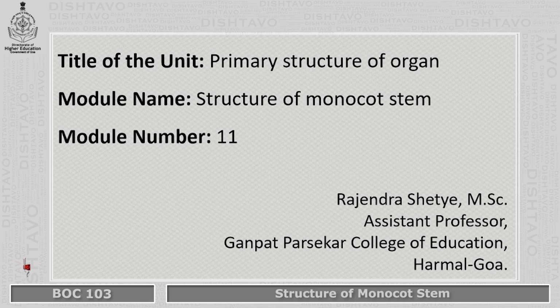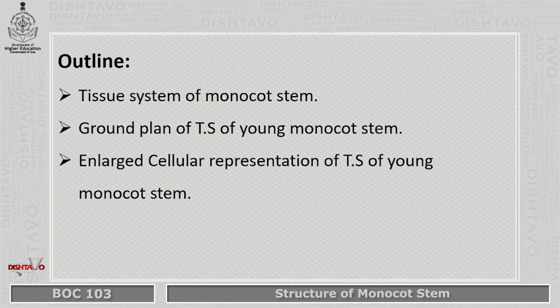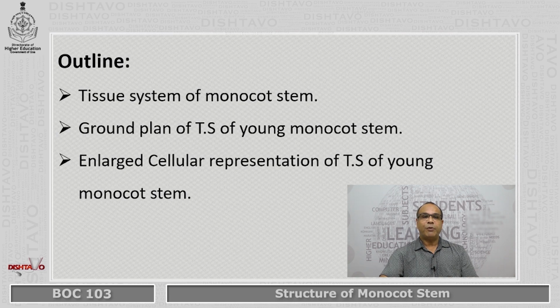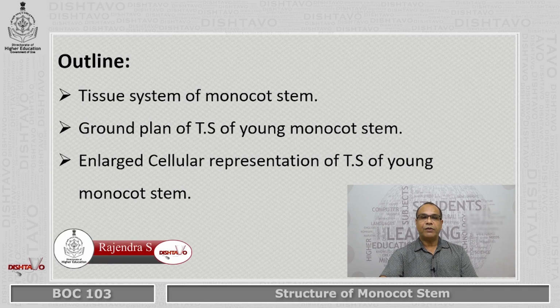Title of the unit is Primary Structure of Organs. Module name is Structure of Monocot Stem. In this module, we are going to study tissue system of monocot stem, ground plan or outline of tiers of young monocot stem, and enlarged cellular representation of tiers of young monocot stem.